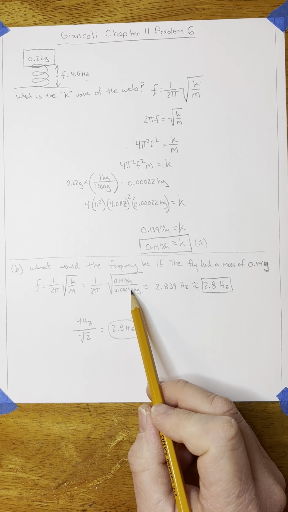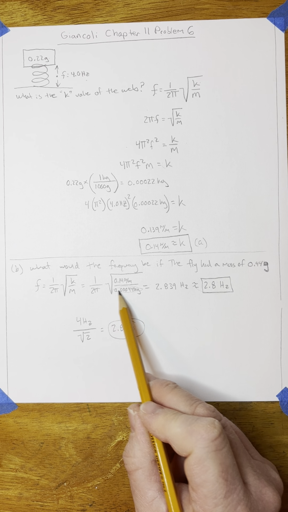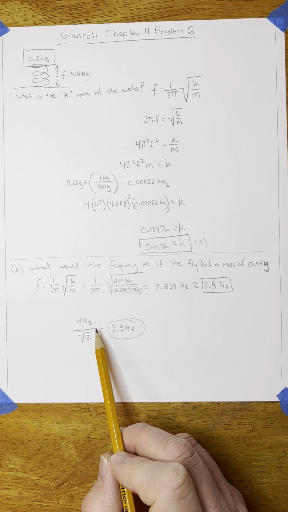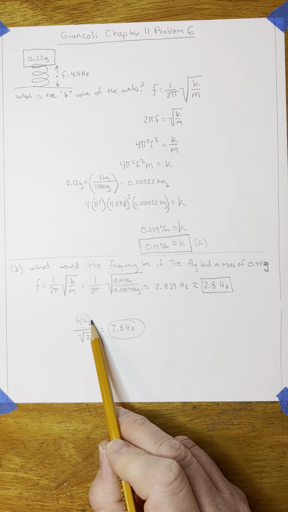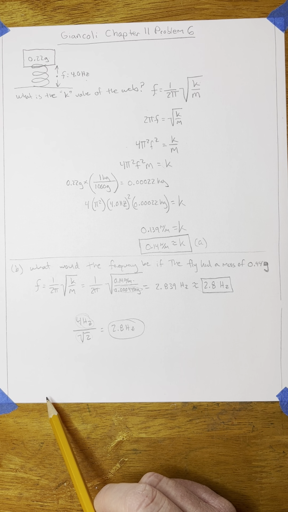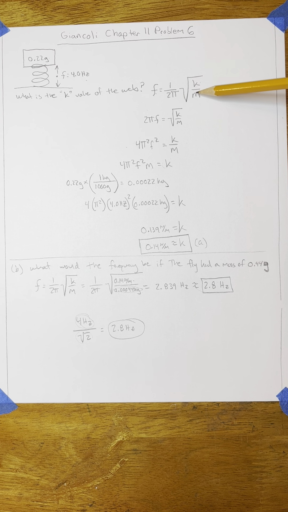By doubling the mass and not changing springs, we've reduced the frequency by a factor of the square root of 2, which is to be expected because that's the relationship between frequency and mass. As mass increases, frequency decreases. If we double the mass, frequency will decrease by 1 over the square root of 2.